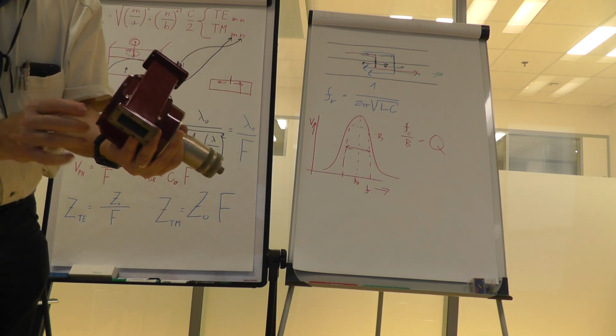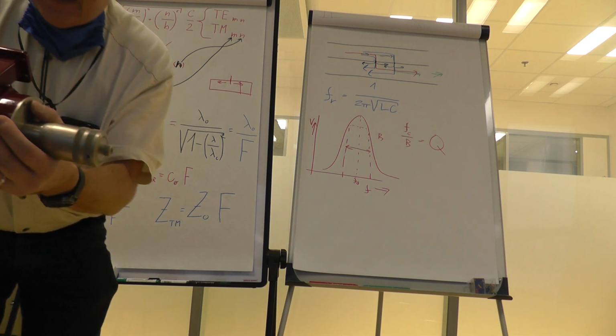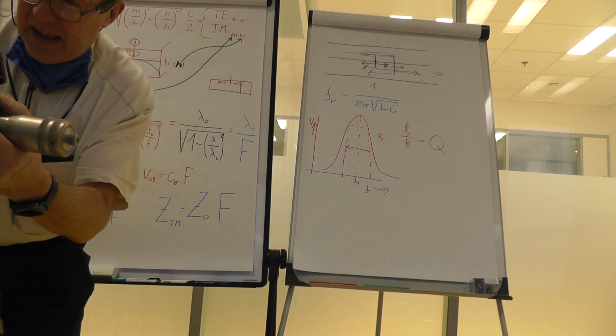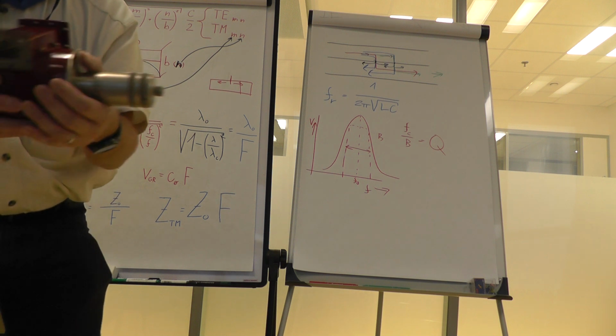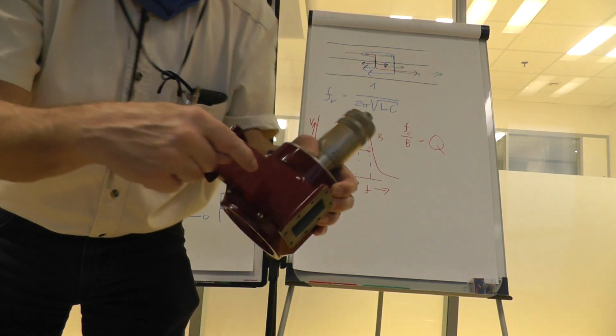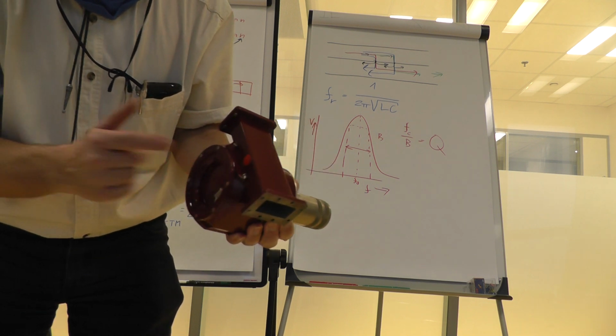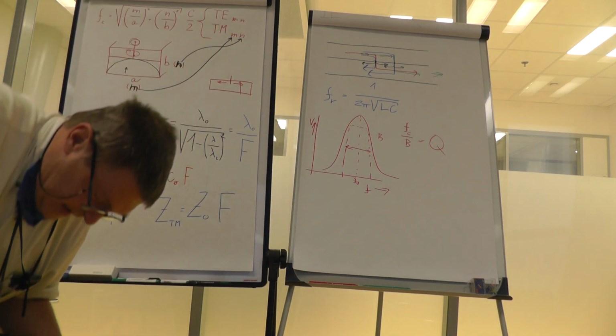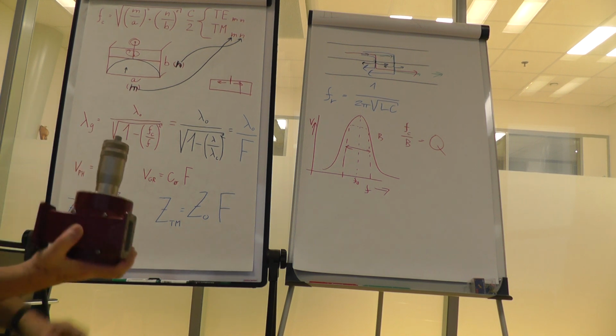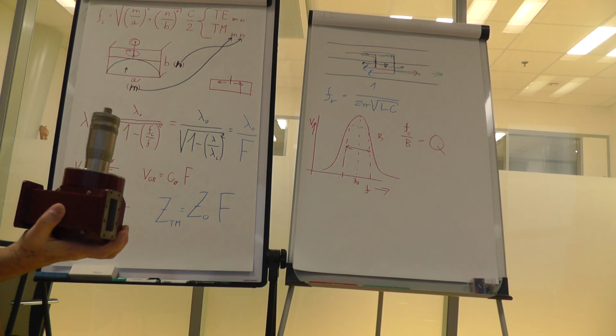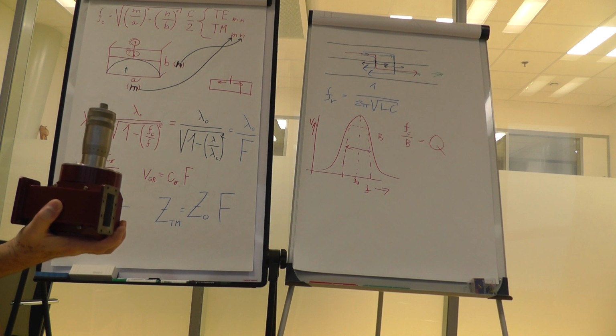Now you have a small hole, if you can spot it, just in the common wall of the waveguide and the resonator. And this is something that has a quality factor of, say, 60,000.